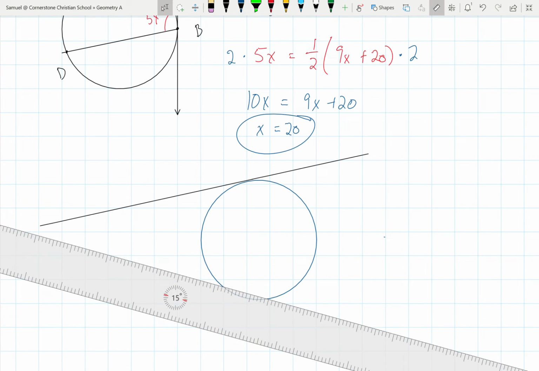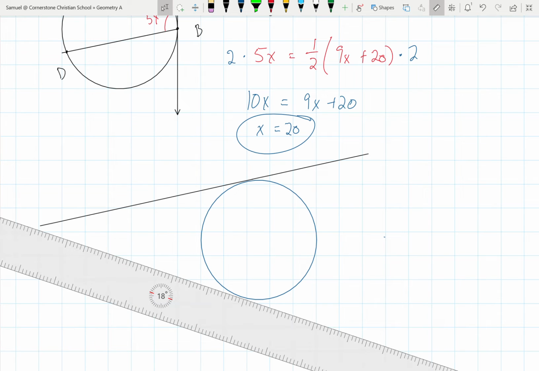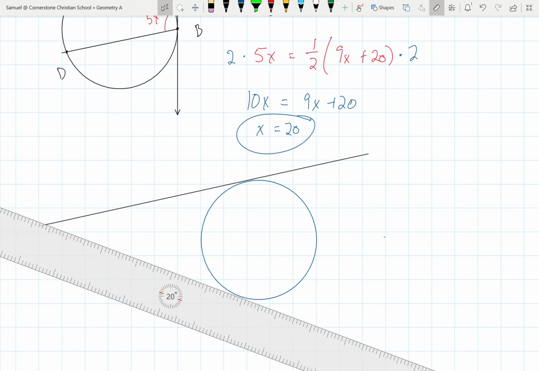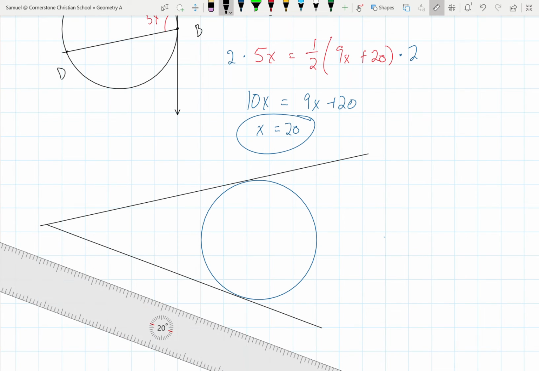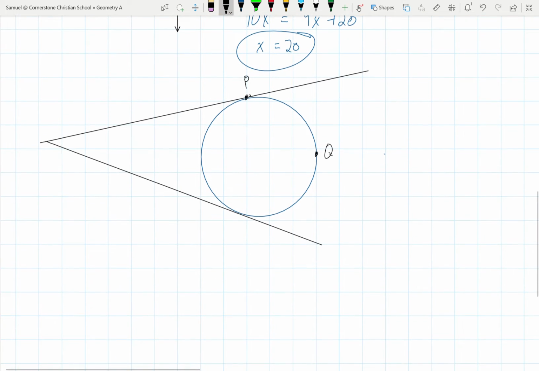We're going to assume that it just barely taps that right there. And then I have a tangent line over here as well. So it intersects the circle, or just taps it and continues on at point P. I have point Q at the end of the circle, and I have point R right here.